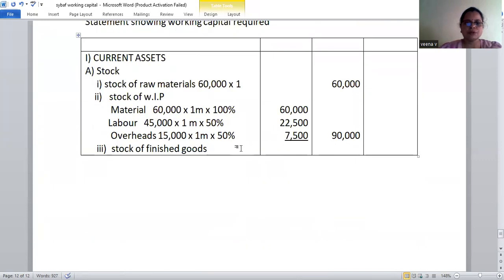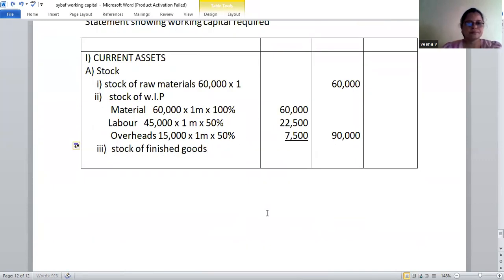So stock of finished goods will be 1,20,000 into half month, that means 0.5. So 1,20,000 into 0.5 for half a month is equal to 60,000. Now make the total of stock.